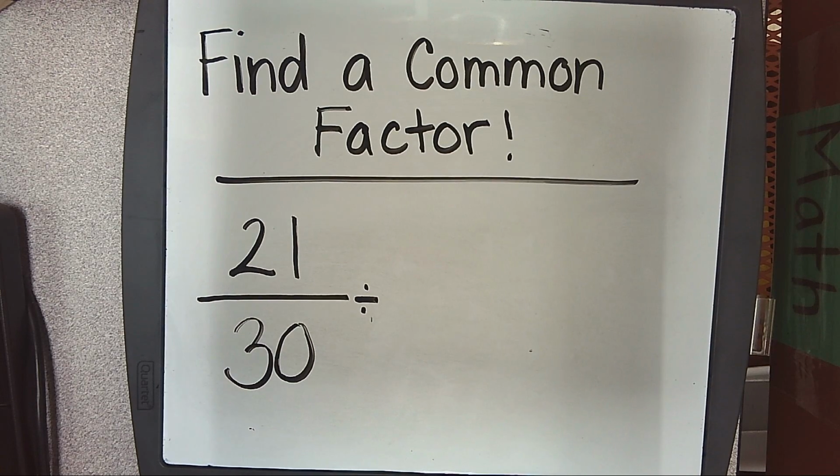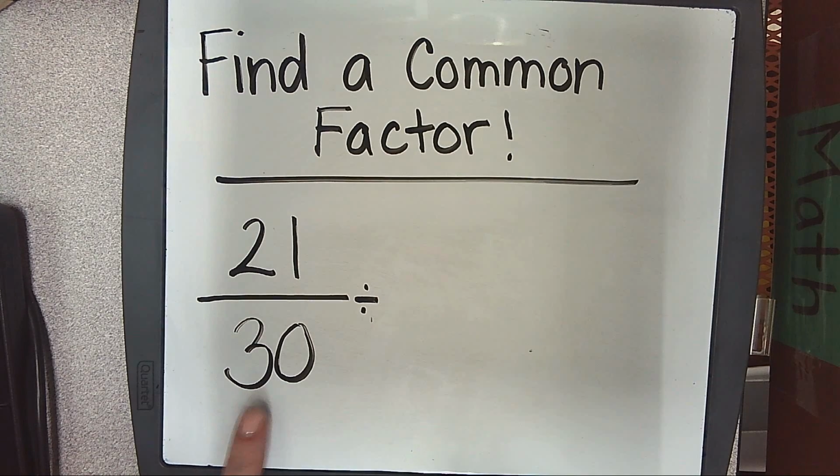In the multiplication and division relationships that I can think of, what times something gives me 21? What can I multiply together to get 30? I'm thinking of my facts. Well, 21 doesn't have many factors. Its only factors are 1, 21, 3, and 7.